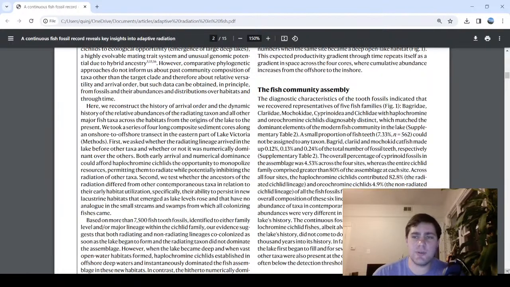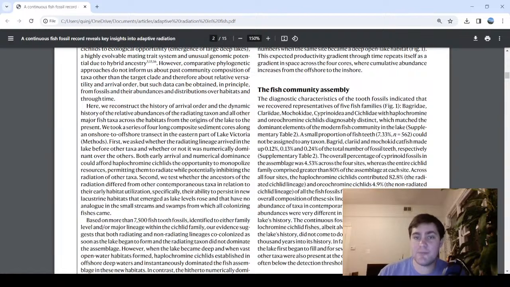The fish community assembly. The diagnostic characteristics of tooth fossils indicated that we recovered representatives of 5 fish families. I'm going to butcher these names.